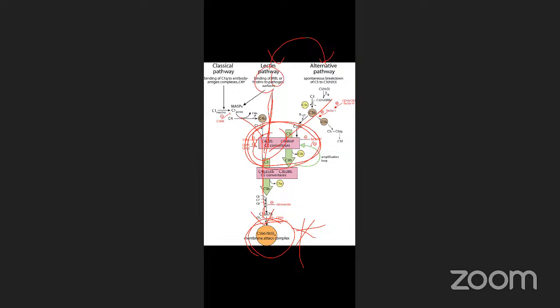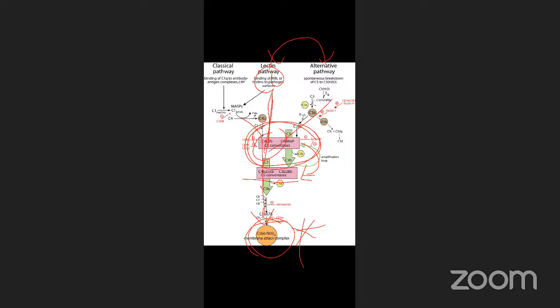Whenever the C3 convertases are produced, they play a key role in pore formation. C3 convertase cleaves the C3 molecule, which is very important for the formation of C5 convertase. C3b with the C3 convertase acts as a C5 convertase and cleaves the C5 molecule.